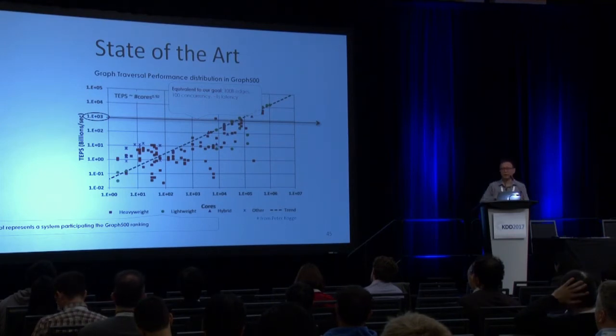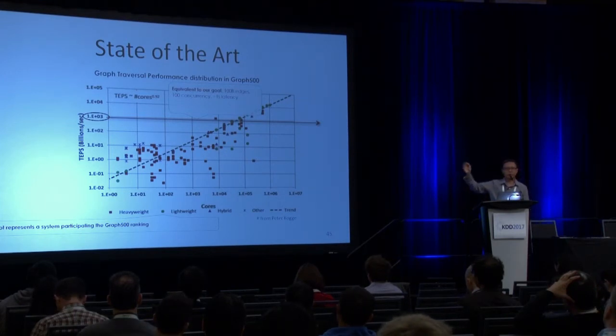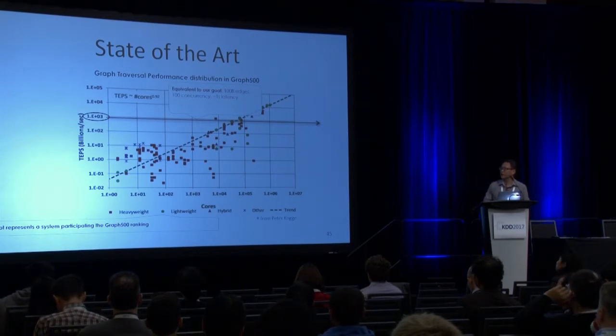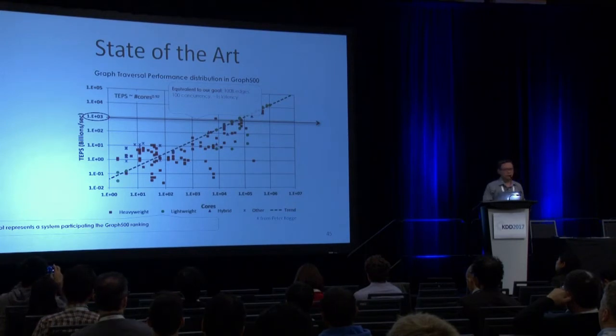Different product teams submit their entries to the competition, and we measure the throughput rate. The dashed line is the linear regression line there.